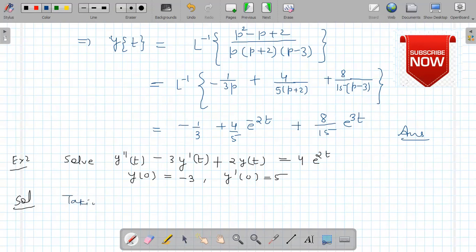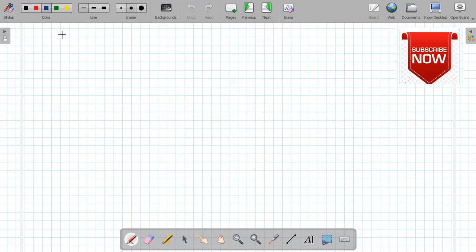Taking Laplace transform of the given equation, we get p square into Laplace of y(t) minus p y at 0 minus y dash at 0. Okay, this is for the first term.